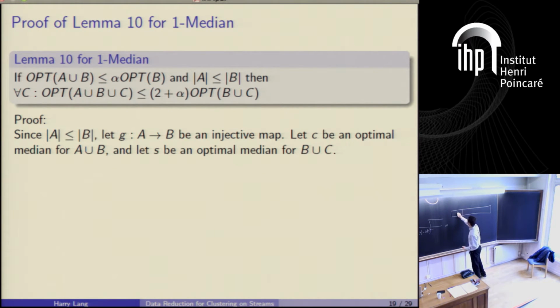So first in your stream you get A, then you get B, and then you get C. So I'm saying if I want to cluster A union B, C is the optimal center. And if I want to just cluster B union C, S is the optimal center.